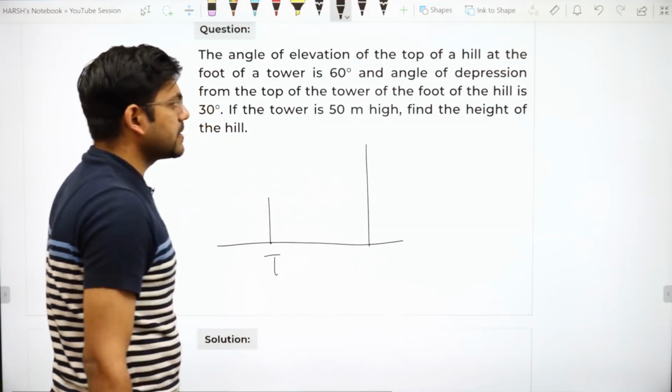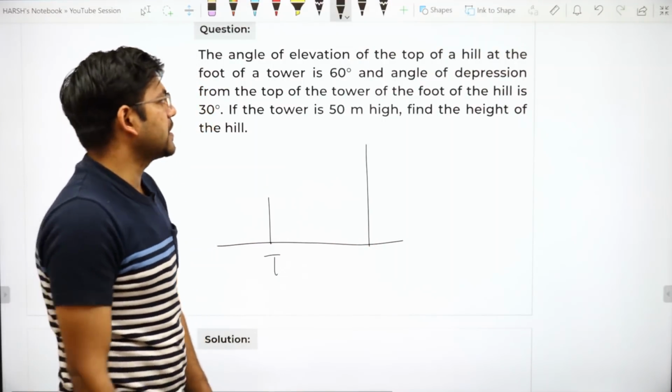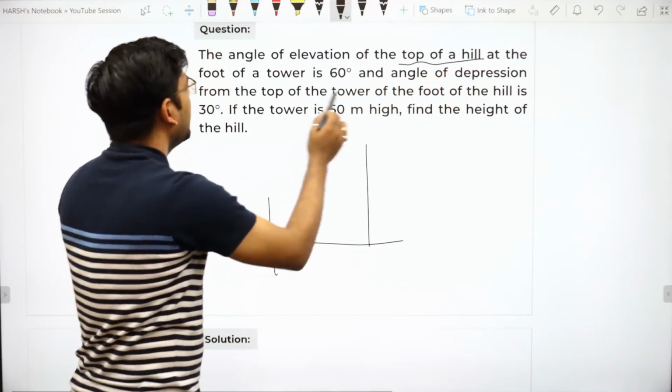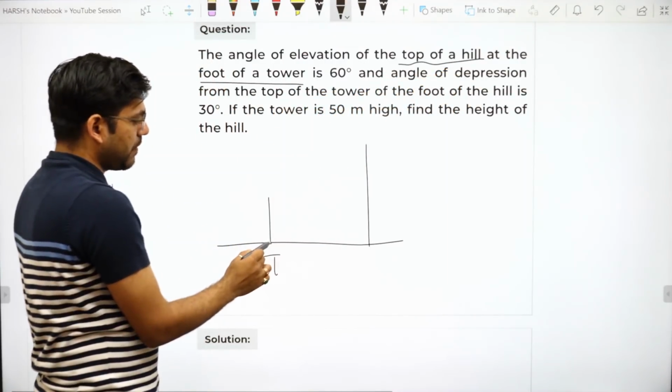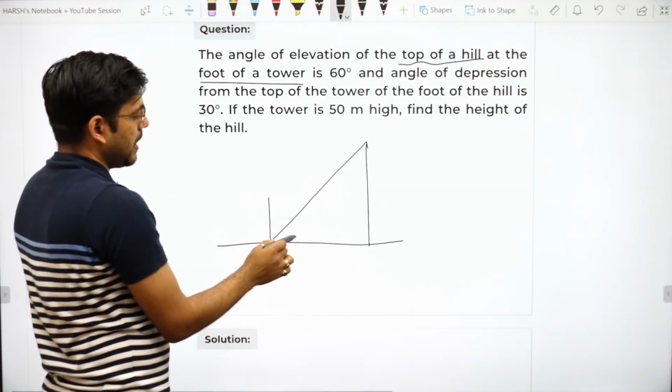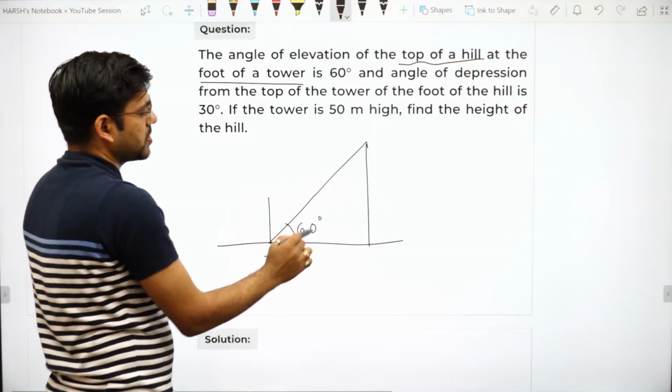Means common sense. The question is also saying that angle of elevation of the top of a hill at the foot of the tower means from the tower I am looking at the top of the hill. So this is 60 degree.